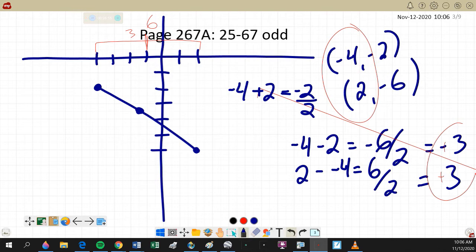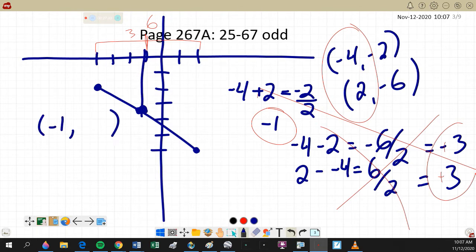There are two numbers, and I get -1. So you don't need to remember any formulas, but there are two ways to find this. If you find the distance between the two x's and cut it in half, that will tell you how far you need to move to find the middle. But that's a little bit more work. Instead, let's just find the average, and it tells me this point is -1 comma something.